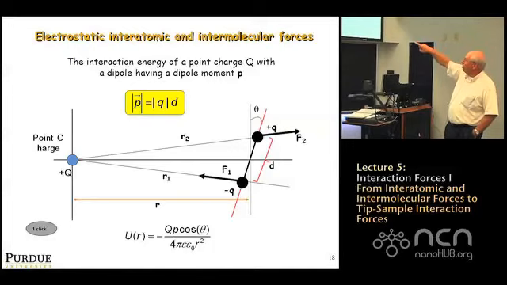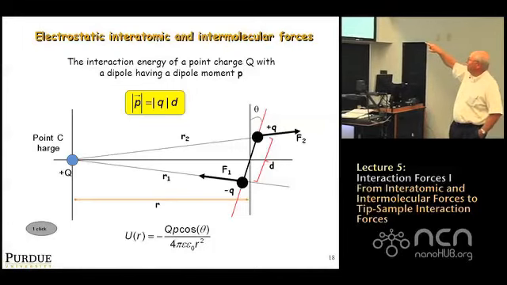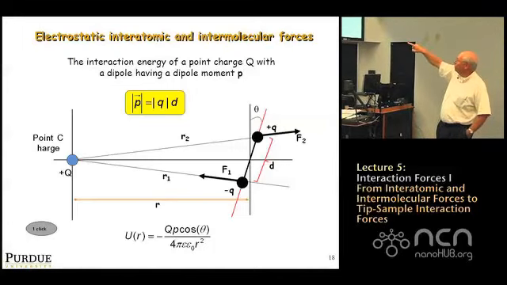The plus capital Q will interact with the charge little plus q, and since those are like charges, there'll be a repulsive force. That repulsive force will be radial, so you draw a line between plus Q and little plus q, and there will be a Coulombic force that acts to repel the positive charge from the point charge plus Q. Likewise, there'll be an attractive force on the little charge minus q.